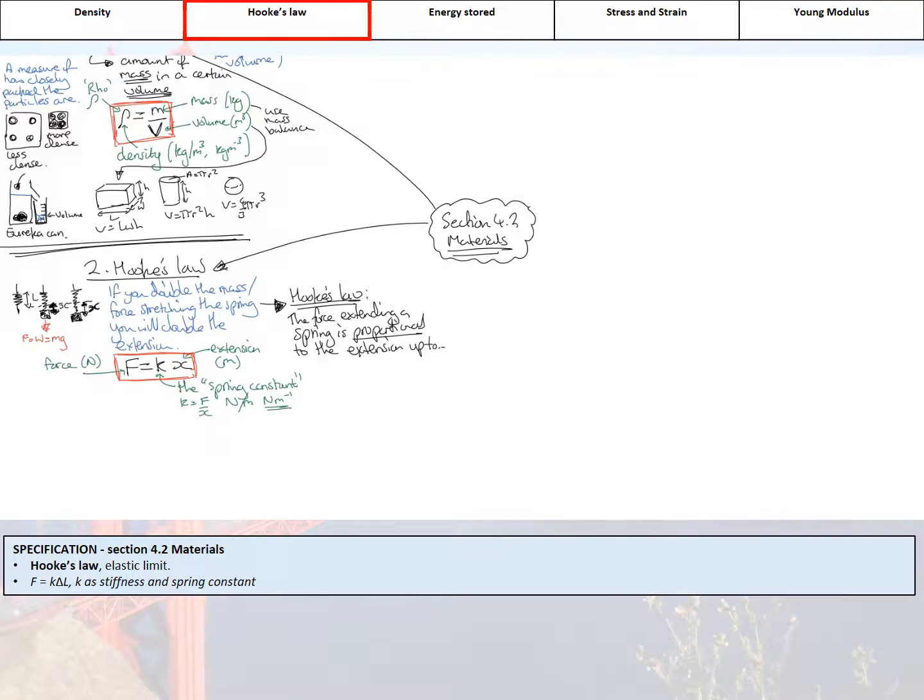In other words, I'm going to need to leave a little bit of space so I can fill that in afterwards. This tells us, it's measured in newtons per meter, it tells us how many newtons of force are needed to stretch the spring by a meter.